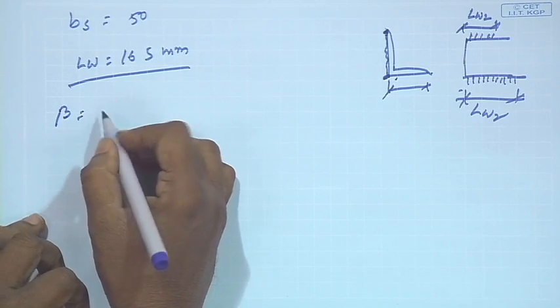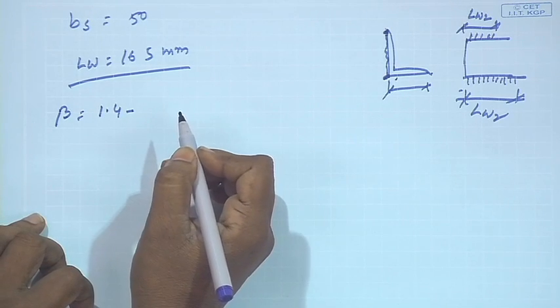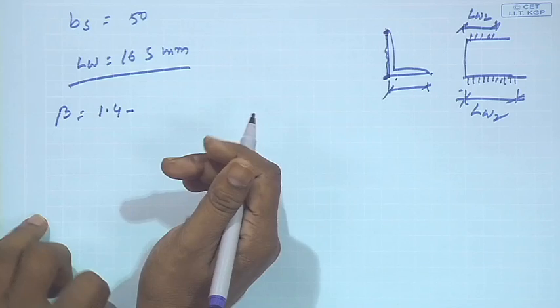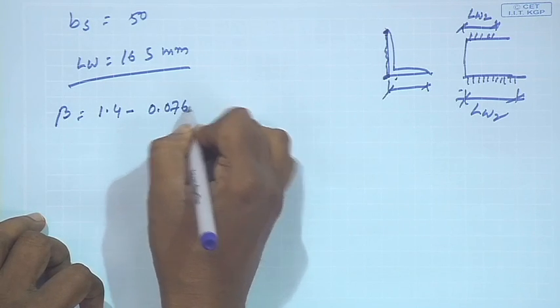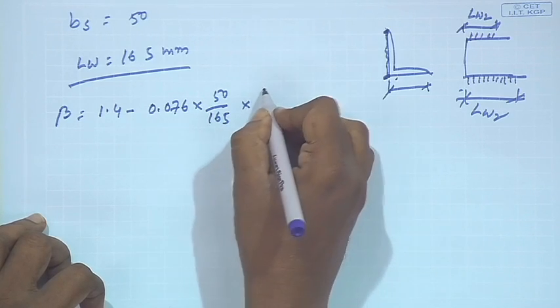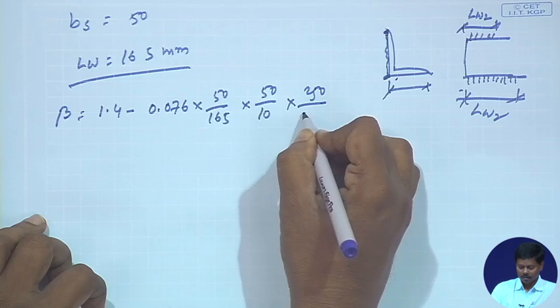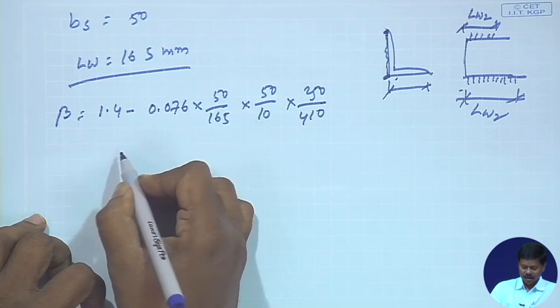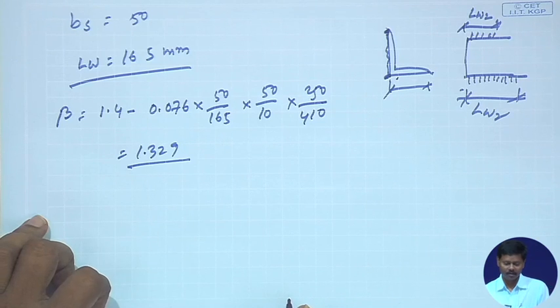So, beta we can calculate now as 1.4 minus 0.076 into 50 by 165 into 50 by 10 into 250 by 410, and that is coming 1.329, right.